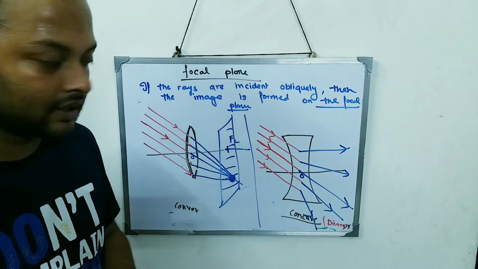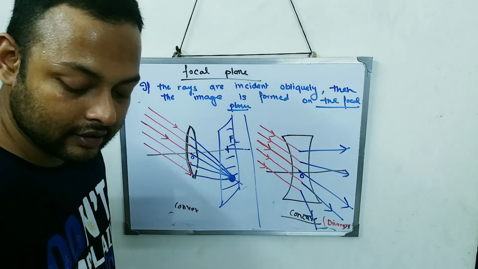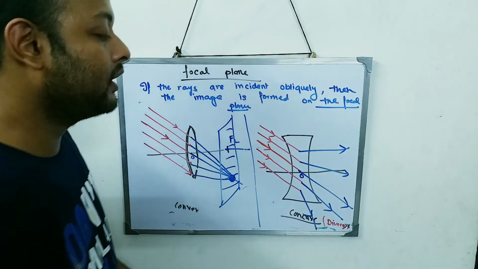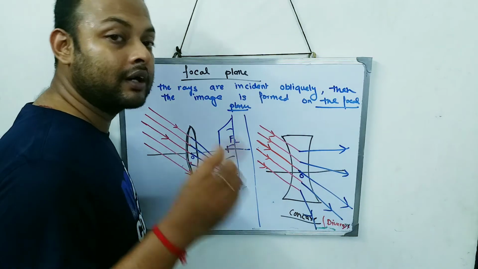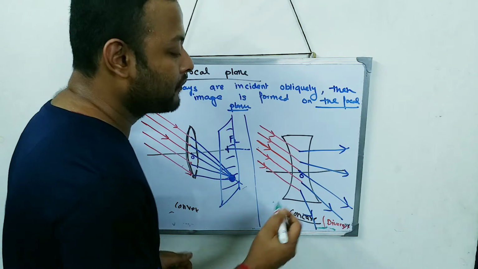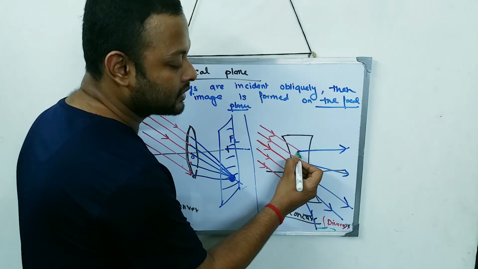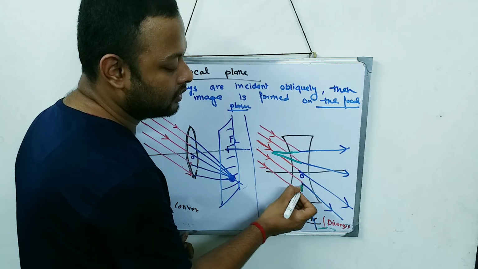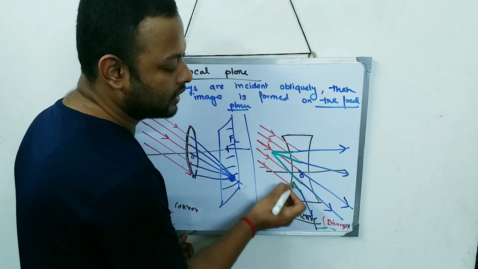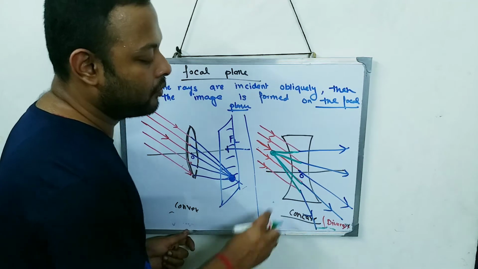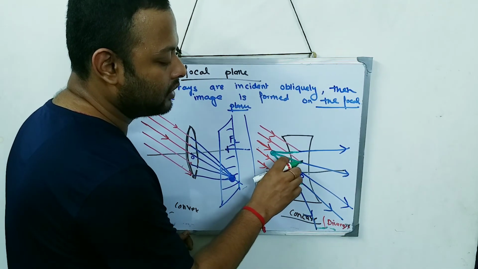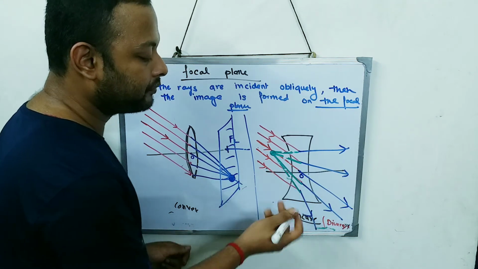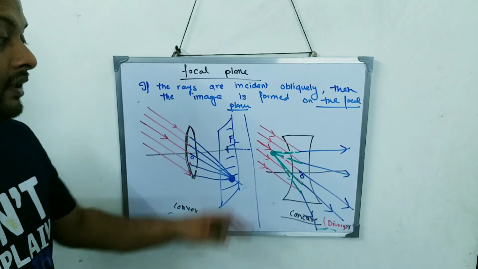Okay, if the 5 rays are diverging, then the question comes, where is the image formed? Over here the image will be formed, but a real image won't be formed. Suppose I extend this ray backward, extend this ray backward, extend this ray backward. This is the point where the image will form.